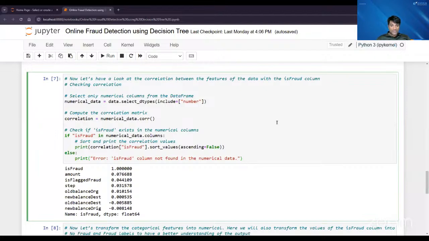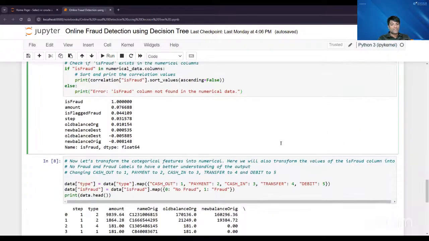Here I'm trying to find whether the correlation is very high, which would tell us a column is contributing more. But if you see here, none of the columns are contributing much to the fraudulent transactions. That is what I'm trying to find in this piece of code. Okay, so let me go down.